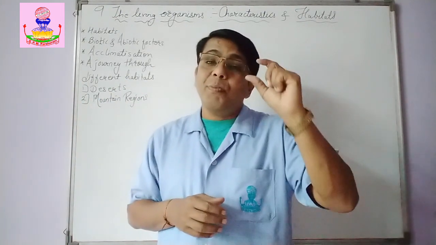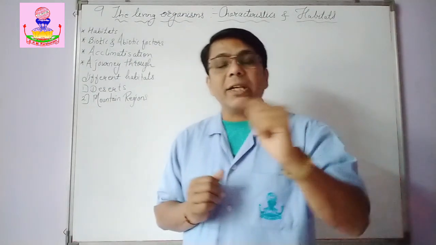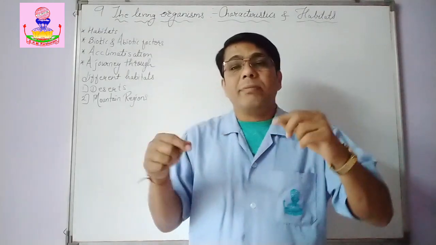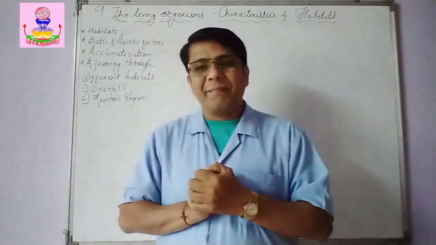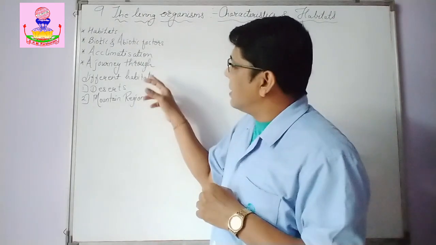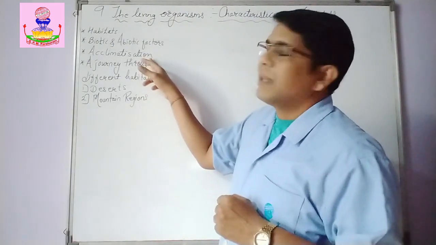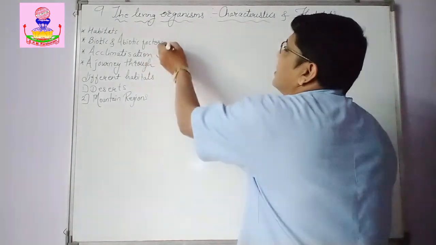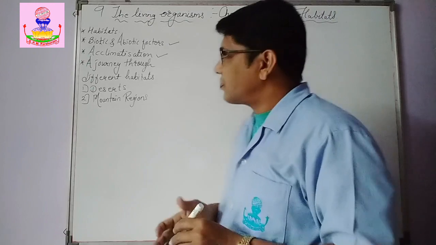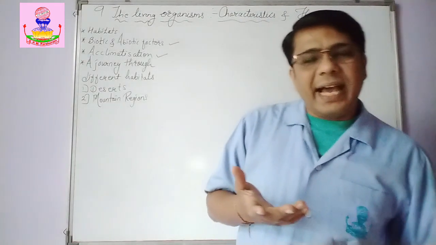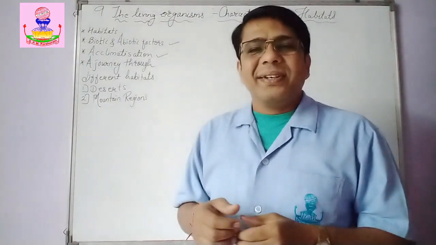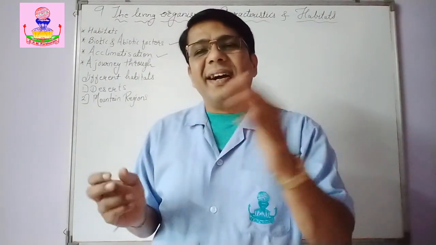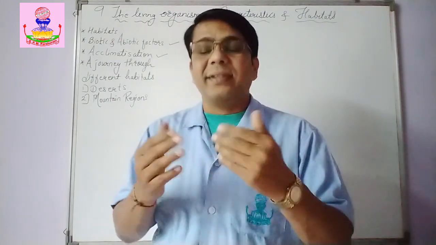Do you get it? The small changes which are brought in a particular organism to overcome the small problems related to the habitat are called acclimatization. What is it called? Acclimatization. We too have experienced it when there is a change in our surroundings.